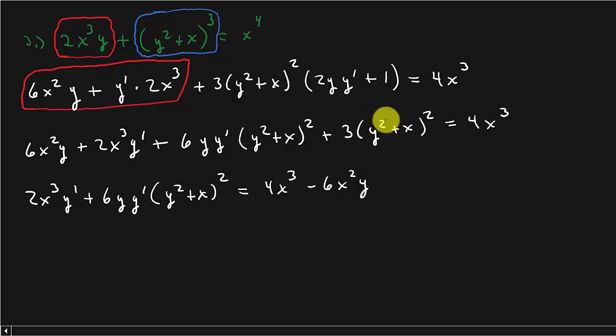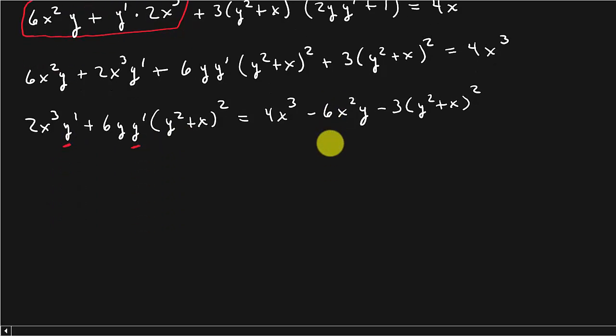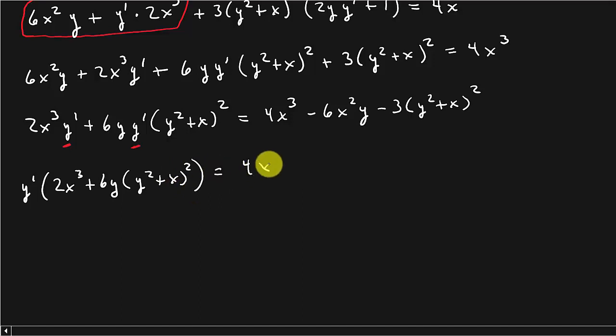And then I'm going to move this term over, so that's minus 3 times y squared plus x squared. And so now you can see I have a common factor of y prime that I can factor out. So that's going to be y prime times 2x cubed plus 6y times y squared plus x squared equals 4x cubed minus 6x squared y minus 3 times y squared plus x squared.